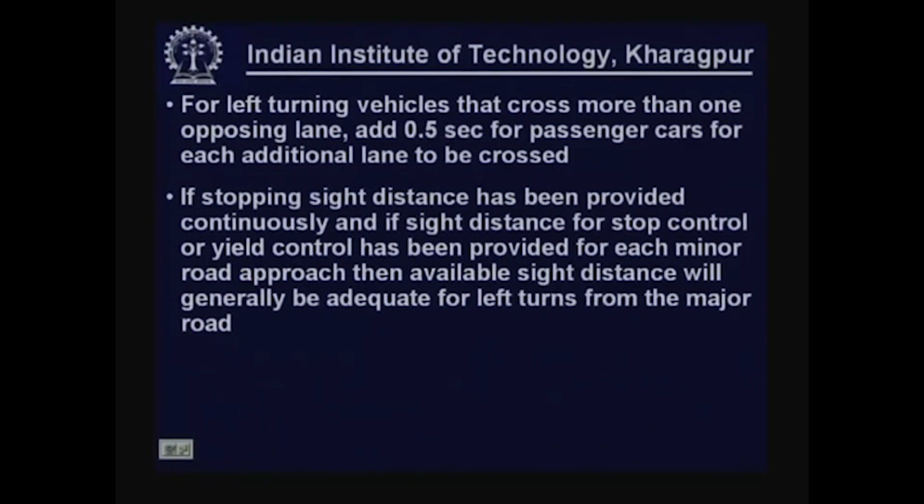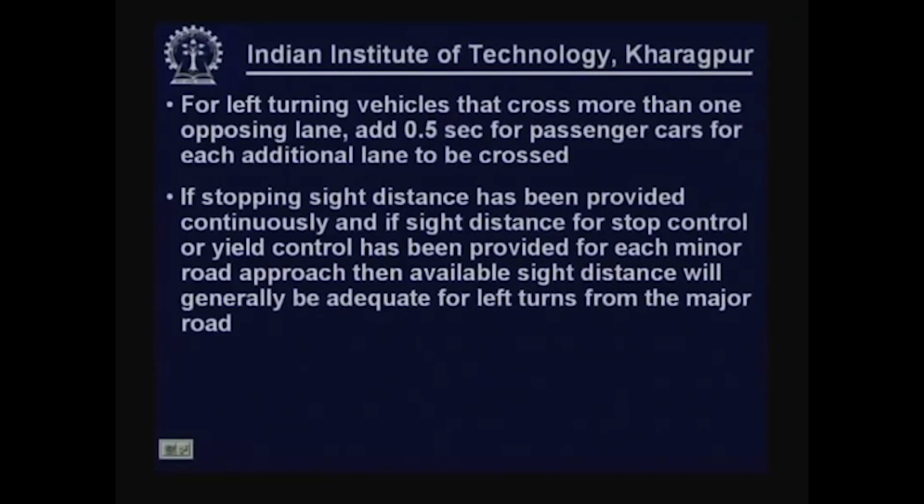Now, if stopping side distance has been provided continuously, normally throughout the length of the highway, and if side distance for stop control or yield control has also been provided for each minor road approach, then available side distance will generally be adequate for left turns from the major road.